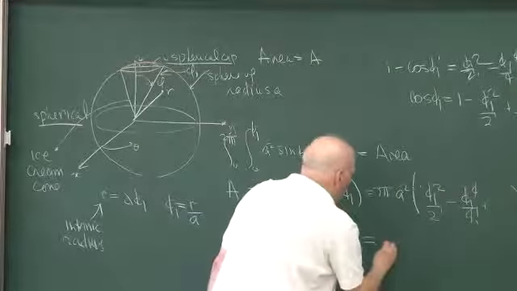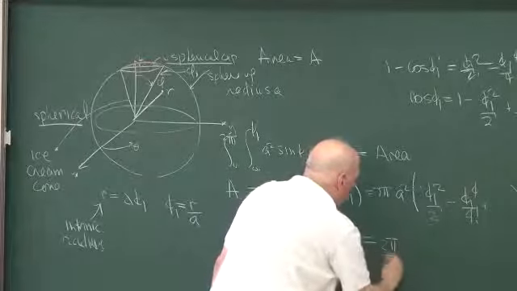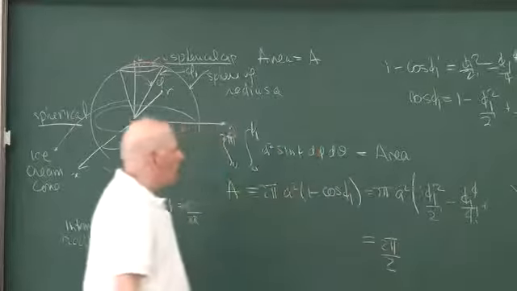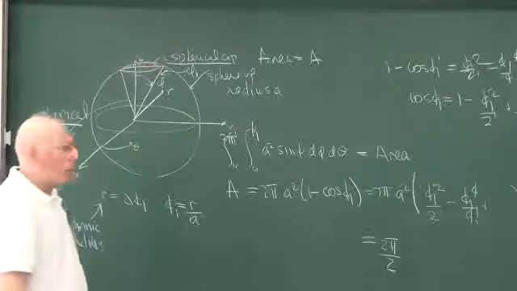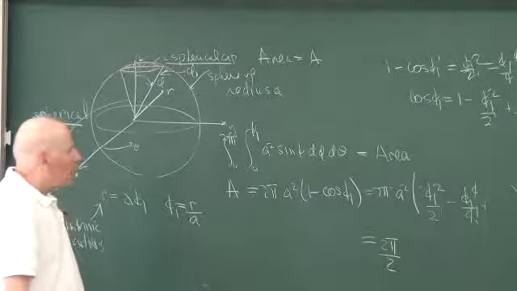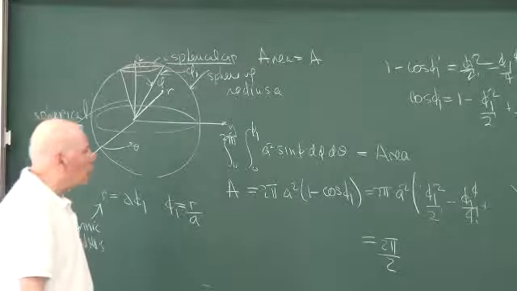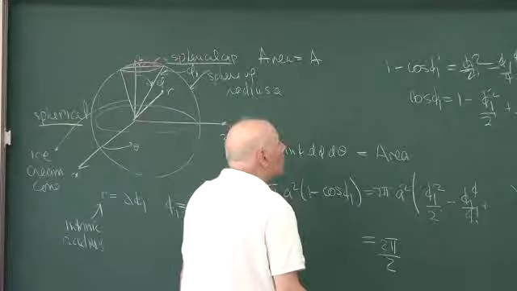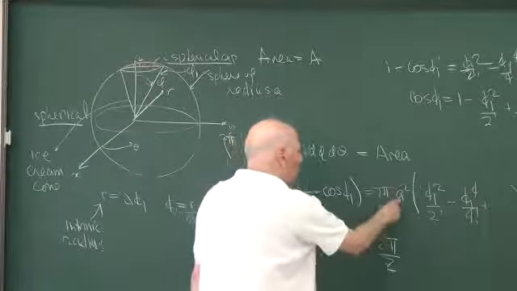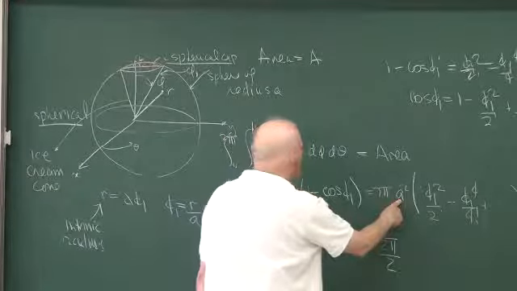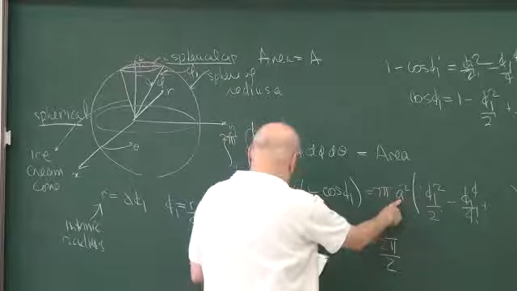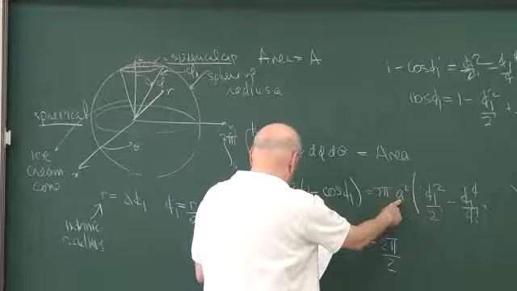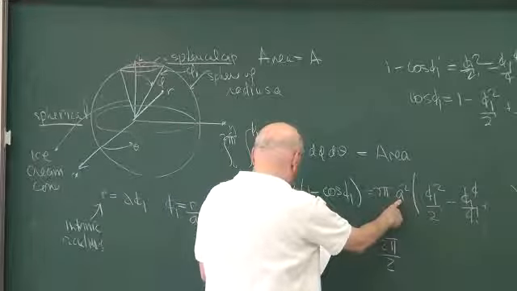Okay. It's 2 pi divided by 2, which is nice. And then the 2's cancel. And then what's the next one? Let me check that I have that right. Looks okay.